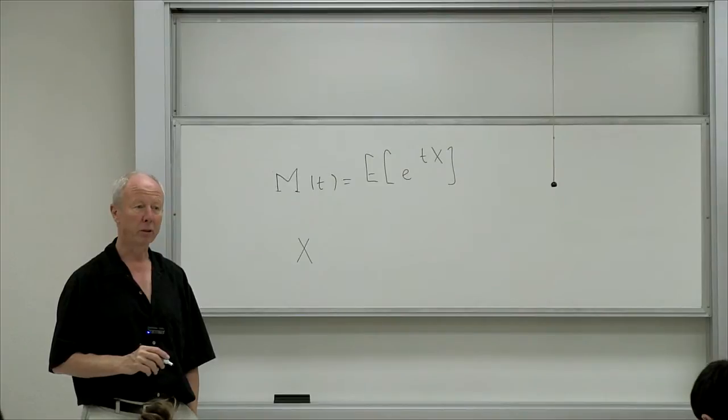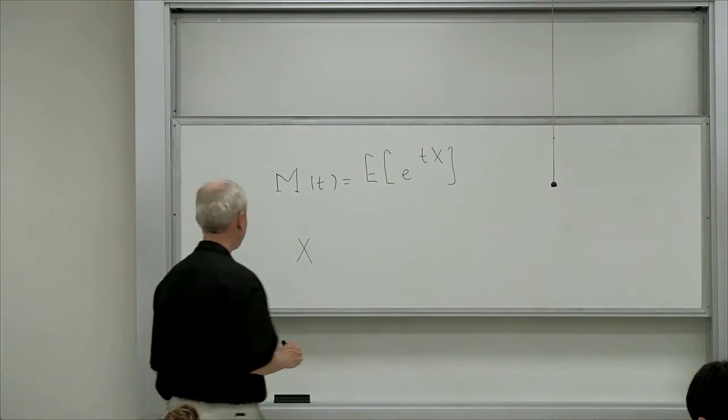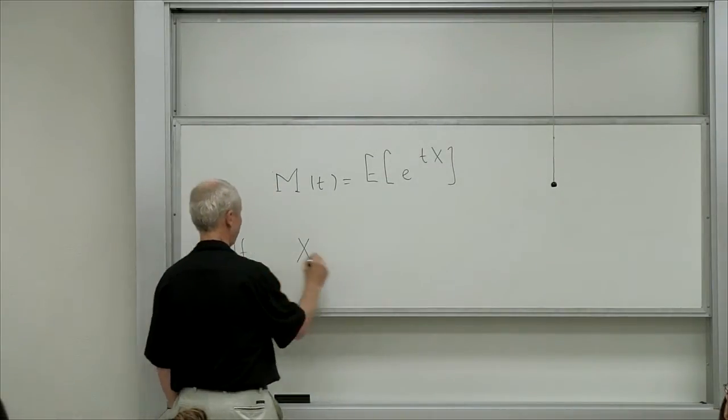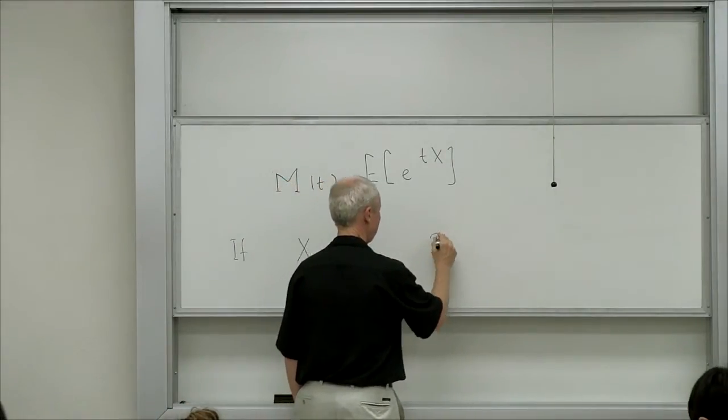So let's suppose, did we compute this for Poisson? I forget if we computed the moment generating function for a Poisson random variable. No, we didn't. Okay, let's do x Poisson.